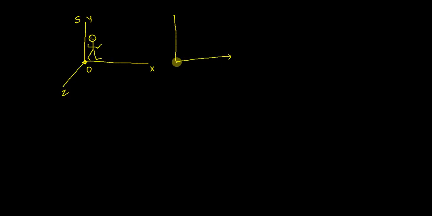To make it clearer, suppose I have a frame of reference S, that is x, y, z, and the observer is at position O, which you can see is this man standing here, right? This is observer O. And a second frame of reference, denoted by x prime, y prime, z prime.